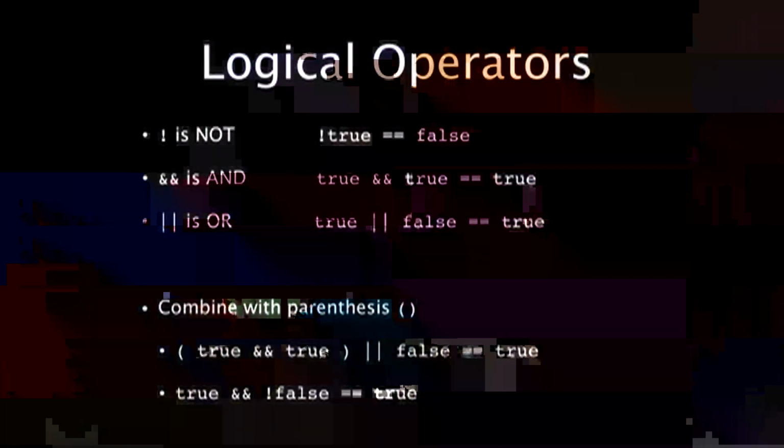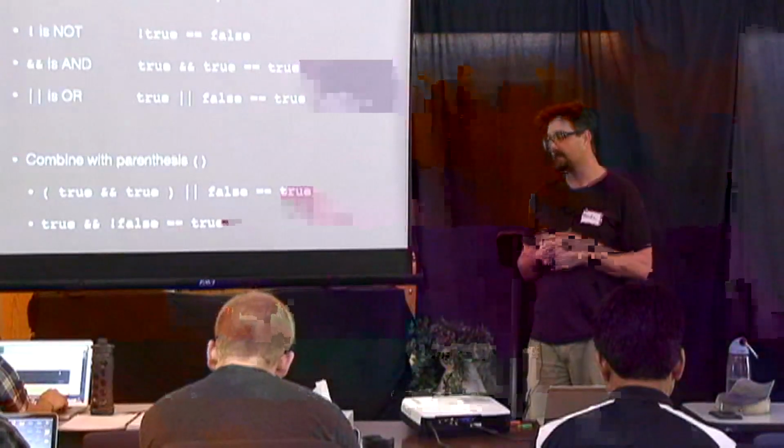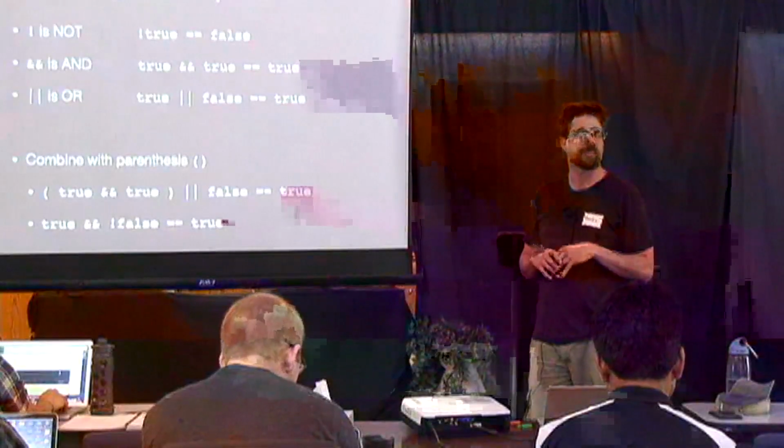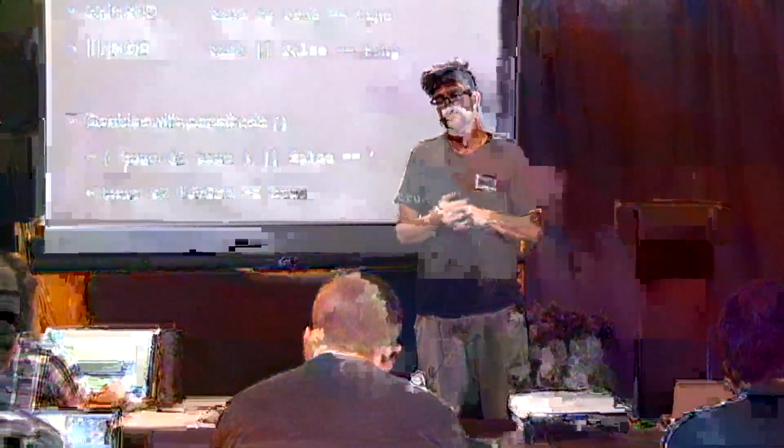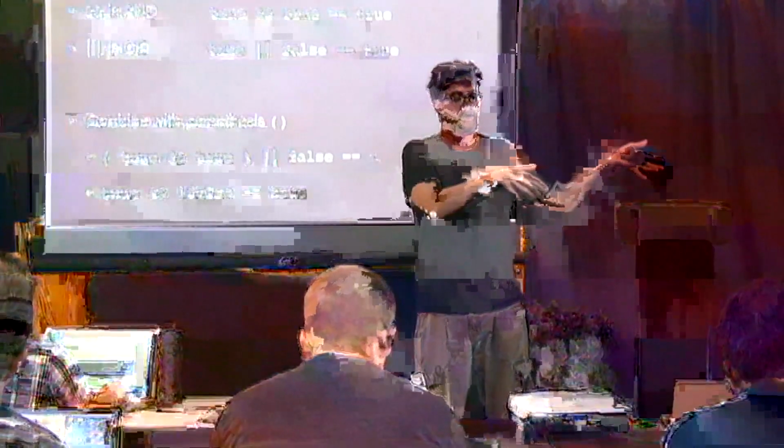Lucky you. The next section talks about logical operators. We've learned how to make really simple decisions, like if something equals something or something is greater than something. But a lot of times you'd want to combine these things. The first logical operator is not.